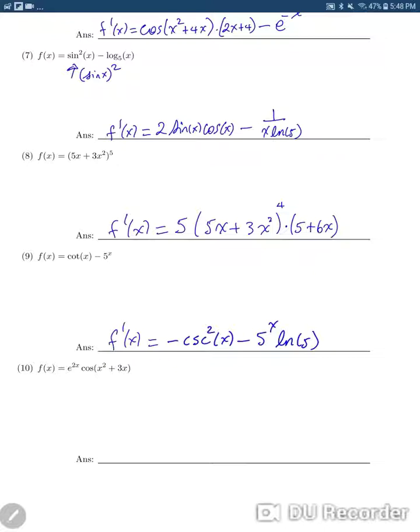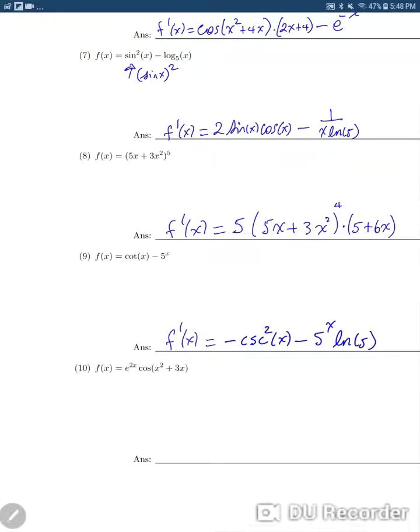Whereas 5 to the x, derivative is 5 to the x times natural log of 5. Here we divide by natural log of 5, here we multiply by natural log of 5. This one looks more like the natural log formula, but divided by natural log of 5. This looks more like the e to the x formula, but times natural log of 5, just to point that out.